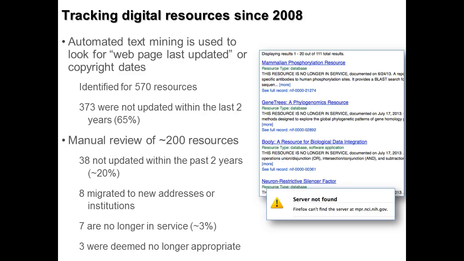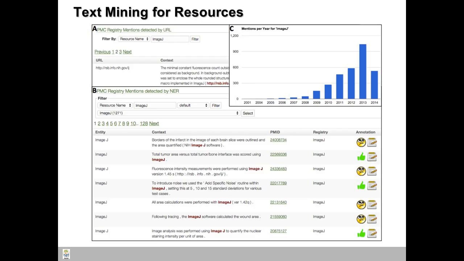So we still want to be able to have some information about what was used in the scientific literature. And so, in addition to tracking these resources, we also track resources within the literature itself.